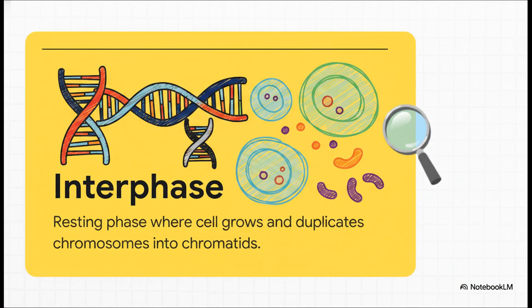Let's start with interphase. Historically, textbooks called this a resting phase, which honestly is a terrible name. Behind the scenes, this cell is working overtime. It's growing larger, it's replicating essential organelles, and most importantly, it's duplicating its DNA into those identical sister chromatids we just looked at. It's basically gathering all the resources it needs for the main event.